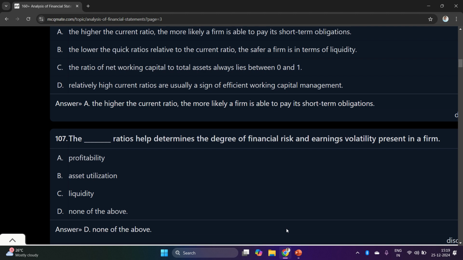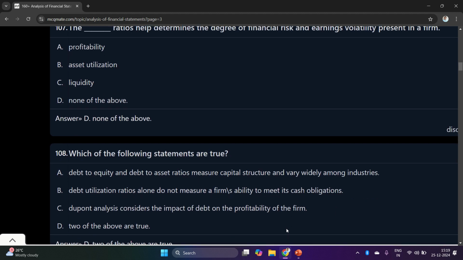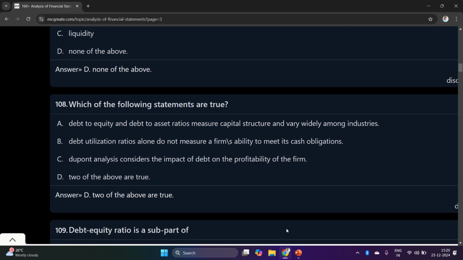Which ratios help to determine the degree of financial risk? Leverage ratios. Yes, leverage ratios, and earnings volatility. Which of the following statements are true?